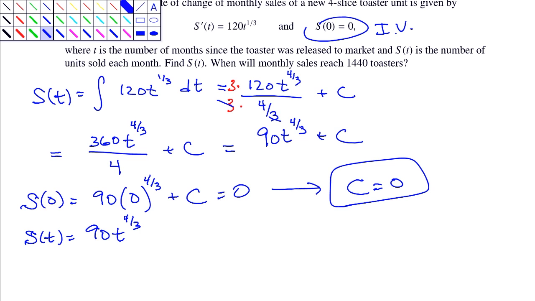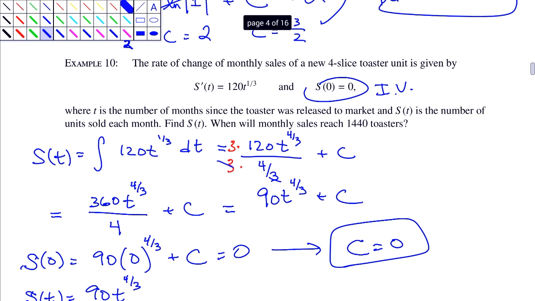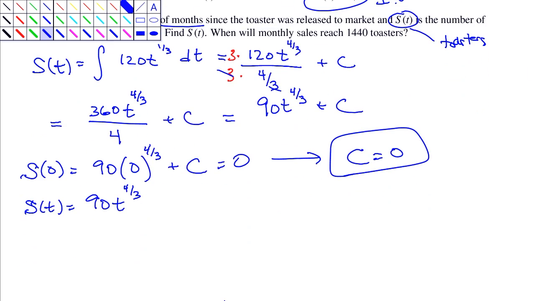Then the question is, when will monthly sales reach 1440 toasters? Is that s or is that t? What does t represent? Read the problem. T is months. So what is toasters? S is toasters. All right. So 1440 should be s. So 1440 is equal to 90 t to the 4/3.